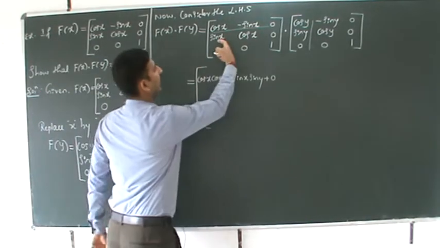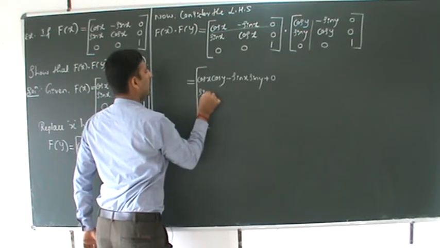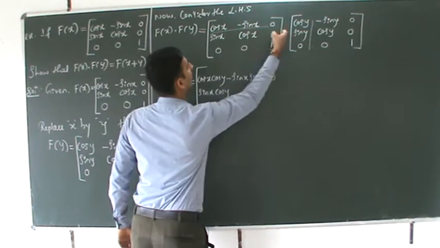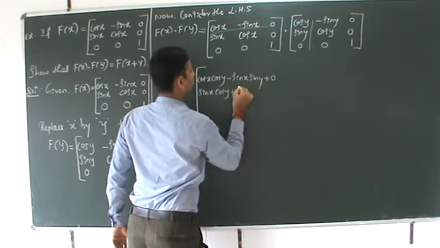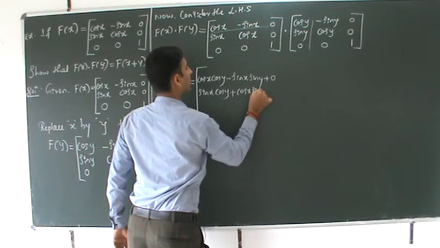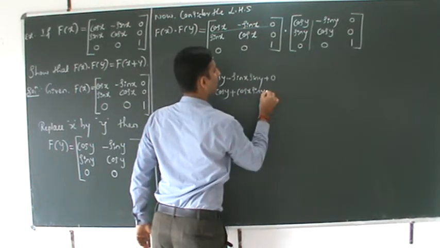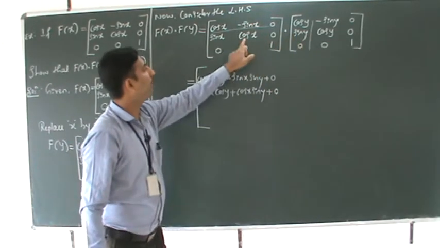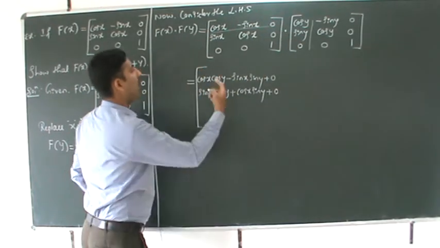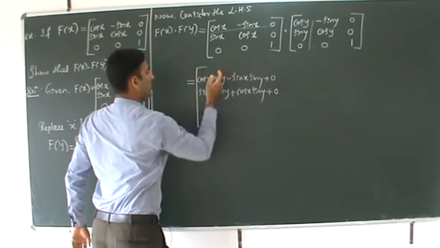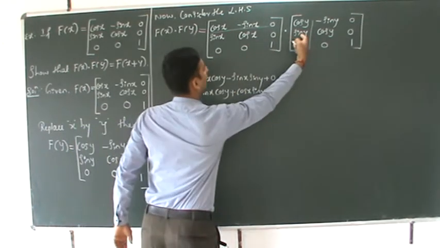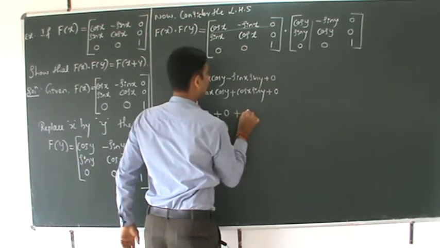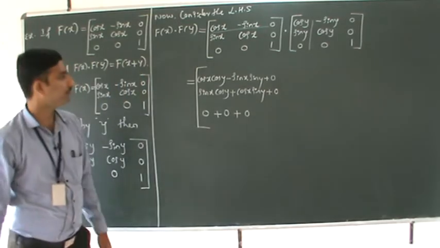After that, sin x into cos y, sin x cos y, plus cos x sin y, cos x sin y, plus 0. Are you following? Sin x into cos y, cos x sin y, 0 into 0. After that, cos x into 0, cos y into 0, 0, sin y into 0 plus 0, 1 into 0, as it is 0.